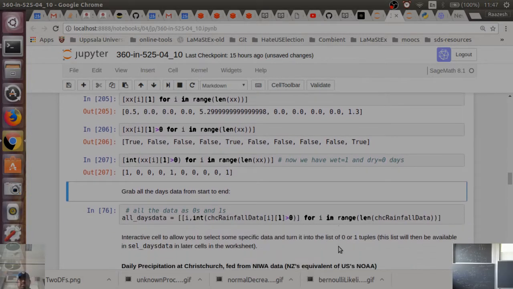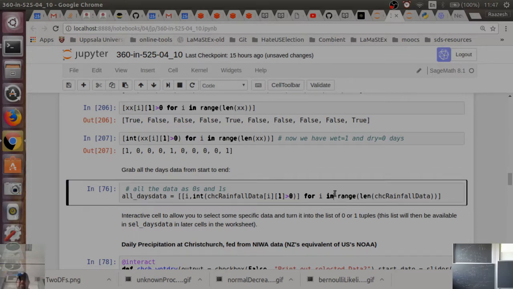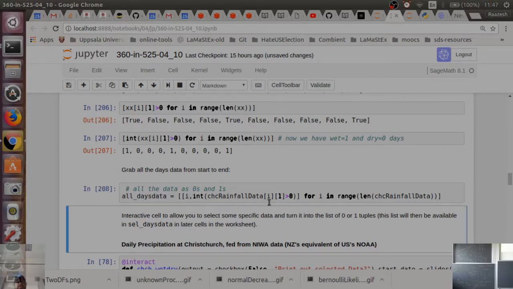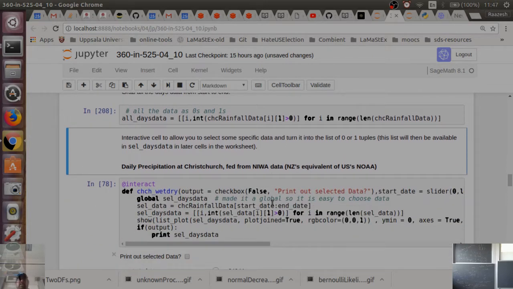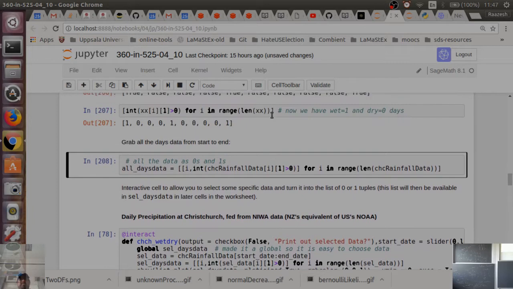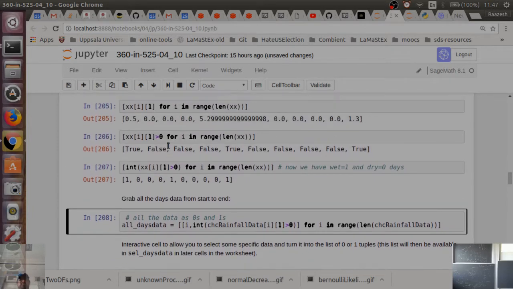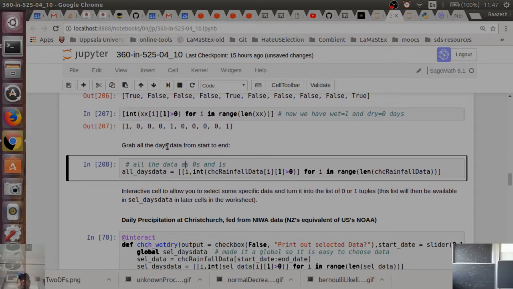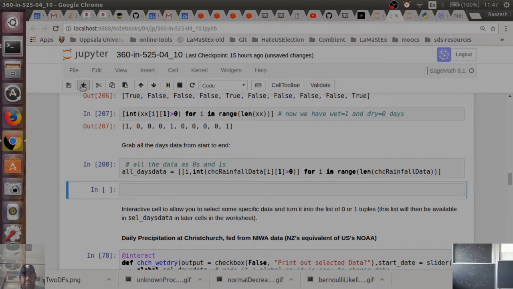So grab all the days of data from the start. I'm going through my whole Christchurch rainfall data, casting it to int, and also recording the day number this way. So all days data is like this.